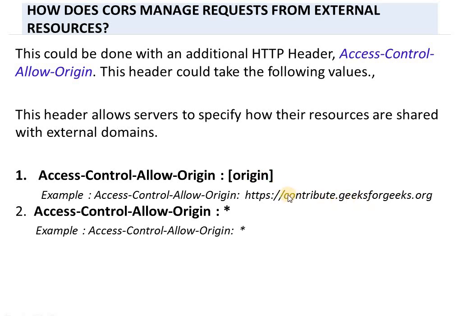Whenever the value is this, you can access resources of this particular domain. And if the value is asterisk, that means anyone can get resources from this domain.